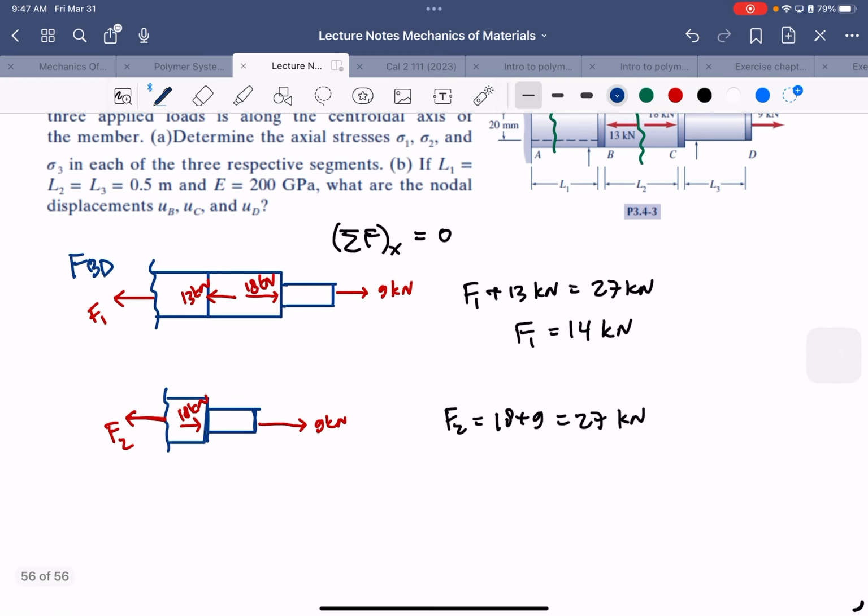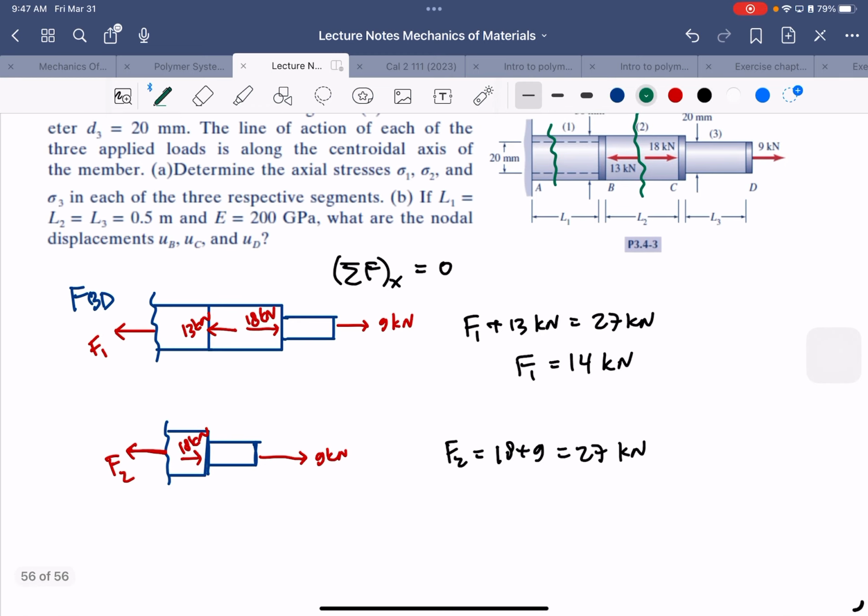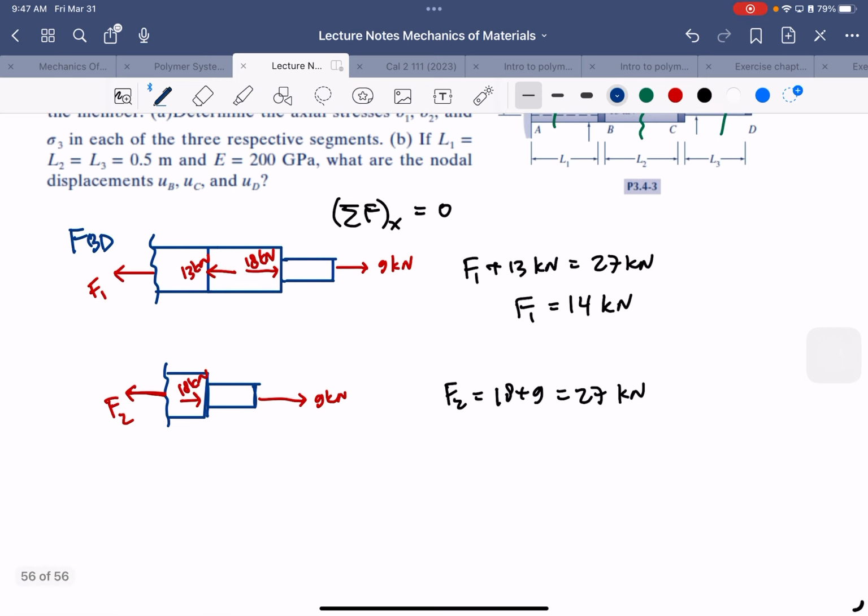And lastly, we have the third member. So the third member, we take 9 kilonewton. Here F3 is 9 kilonewton.